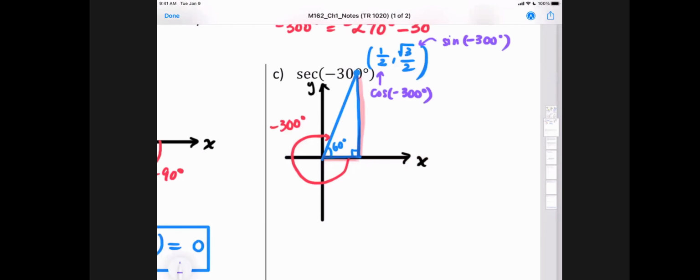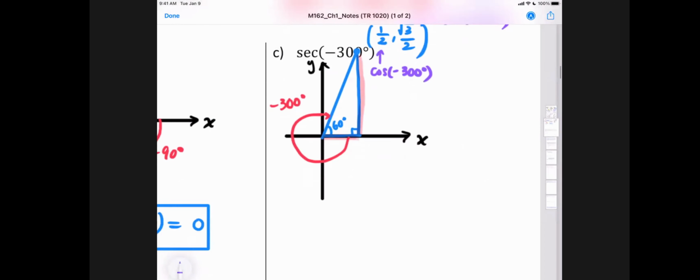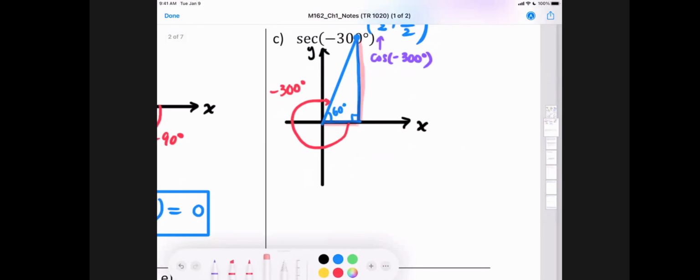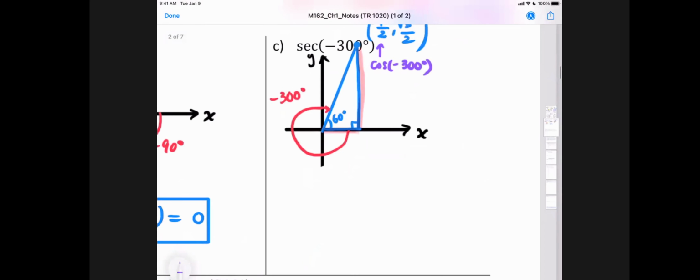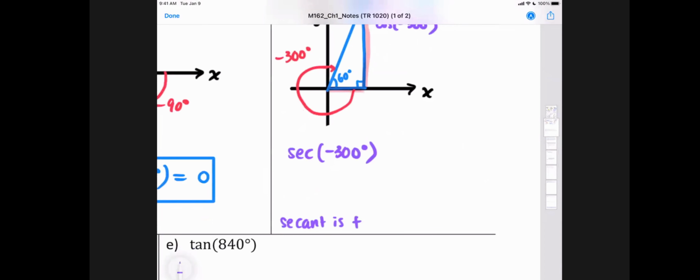So we have to find the secant. We can use the idea of reciprocals. We know that secant is the reciprocal of cosine.